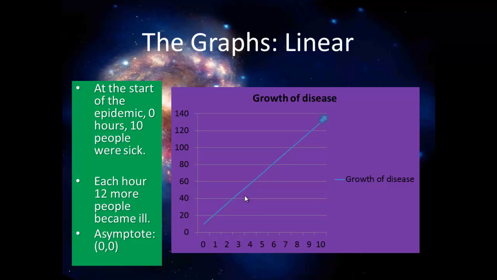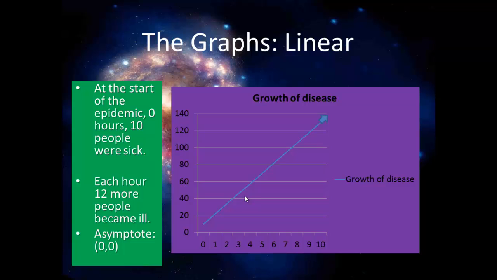At the start of the epidemic, 0 hours, 10 people were sick. And each hour, 12 more people became ill. So by using our table and the numbers, we can plot this linear function and linear graph. And the asymptote would be at 0, 0, because you can't have a negative amount of people sick or a negative amount of hours.